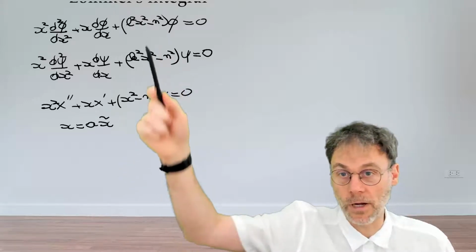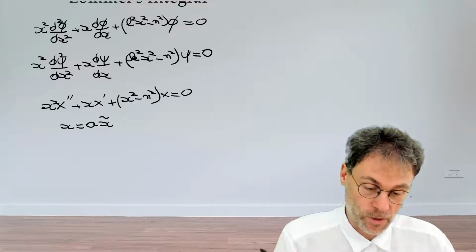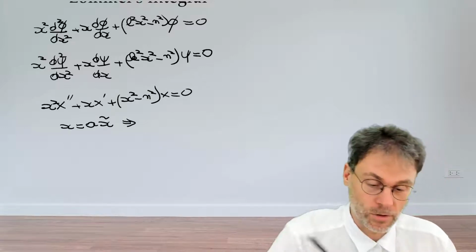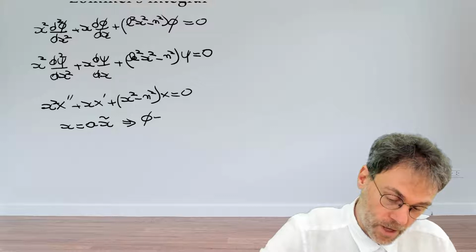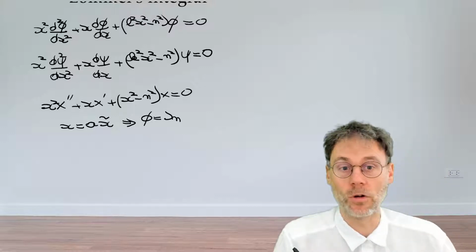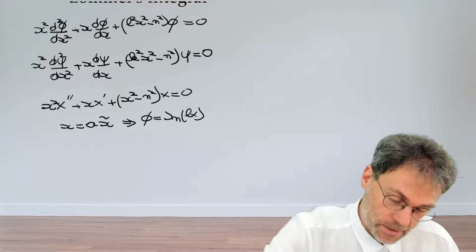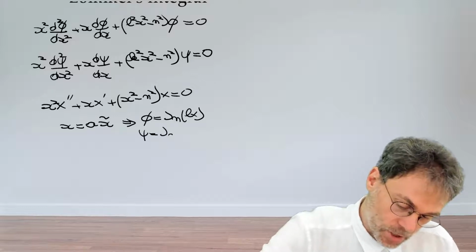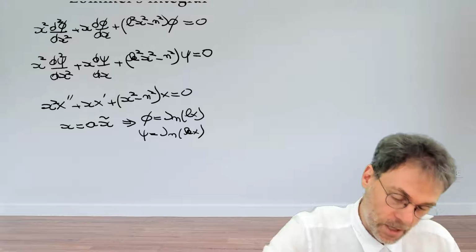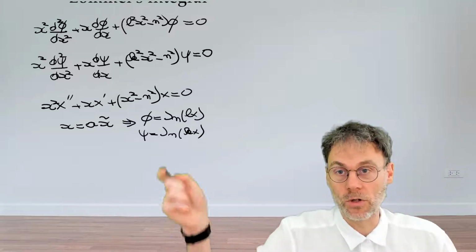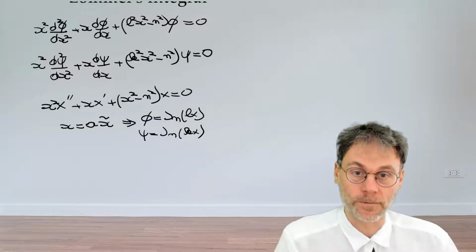So if you then compare all of these equations, then you will very easily see that the solutions are for phi, the Bessel function of order n and of the argument Lx, and for psi it's Jn(kx). So these are the solutions to those particular equations.